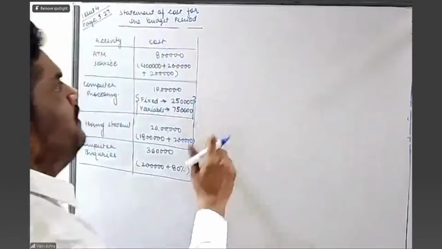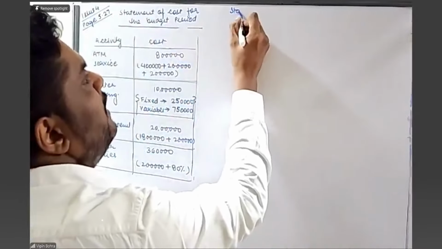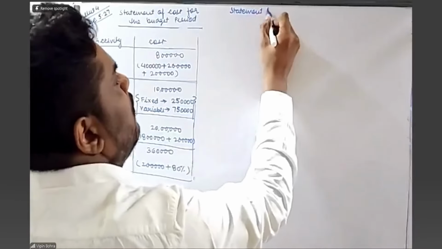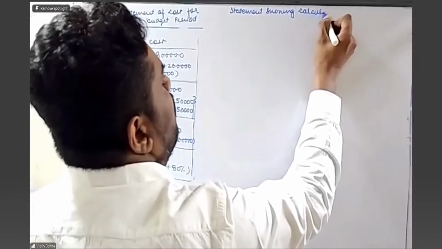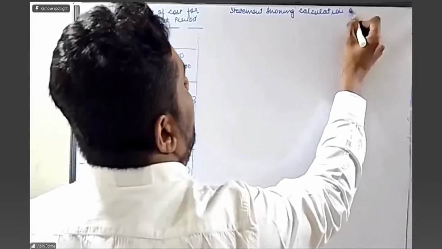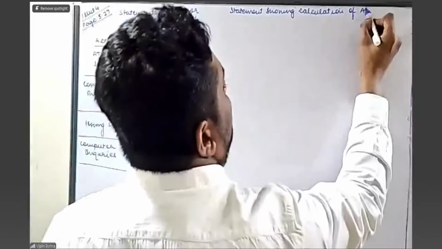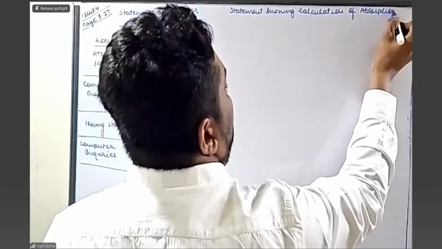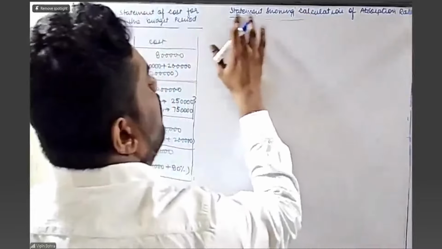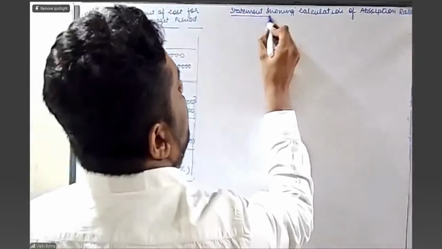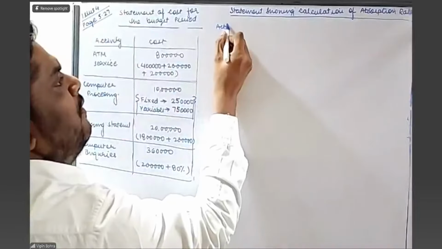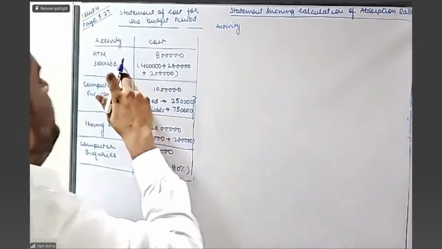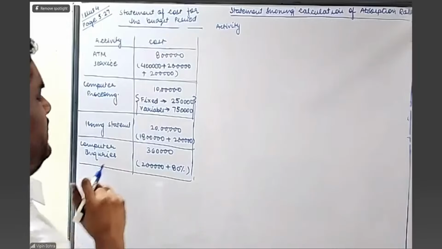Statement showing calculation of absorption rate. The same process we'll be following now. Wherein my activity, so ATM service, computer processing and issuing statement and computer inquiry.